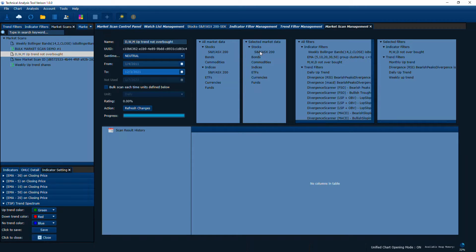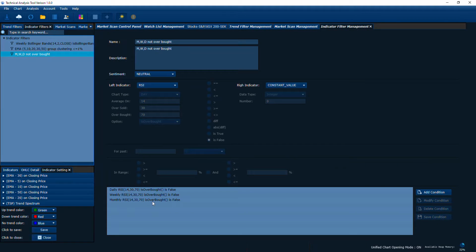So I'm going to scan up to 3rd of December 2021. The market I'm going to scan is the ASX 200, the top 200 Australian shares. Okay, so I'm going to select all of those here. As you can see, I have already selected monthly, weekly, daily, not overbought. Those are our indicators for RSI. To verify that, we can see the conditions we specified here.